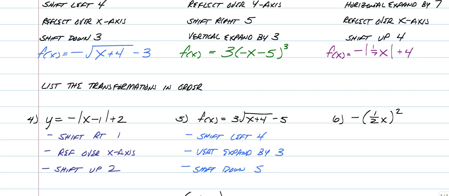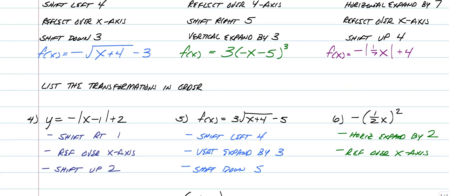And the last example. Remember, inside is opposite of what you would think. So this is a horizontal expansion, or horizontally expand by 2. Not half, it's opposite, so that would be 2. And then going back to the front, we're going to reflect over the x-axis.